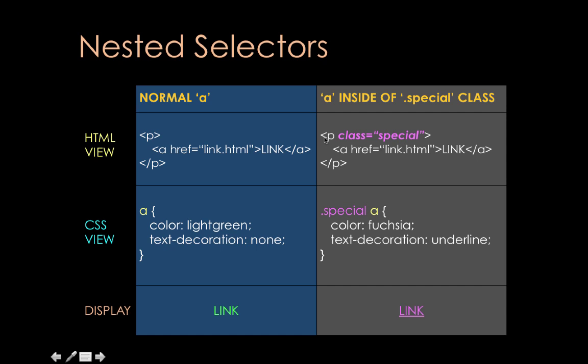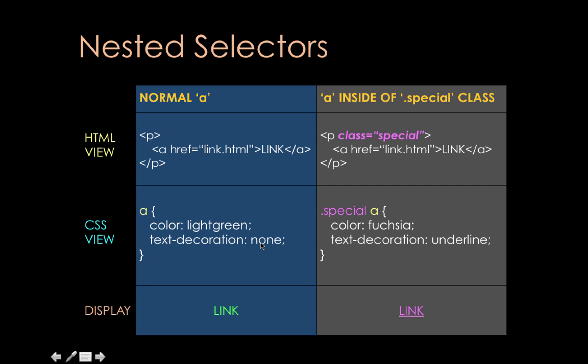Okay, so let's say that we want anything that has the class of special, we want all the links inside of that special class to be a different color. So the way that we would write our CSS would be, instead of, which is what we have on the left, instead of having just an anchor selector, an A tag selector, for the normal anchor selector, we have color light green, and there's no text decoration, right?